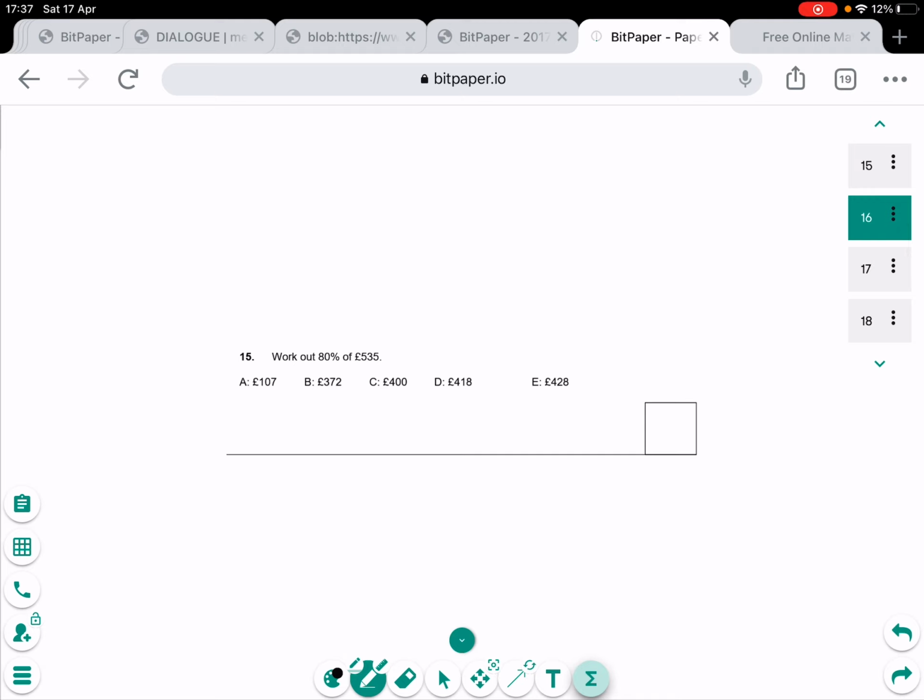Work out 80% of 535, so you do 535 times 0.8. So 535 times 8: 5 times 8 equals 40, 3 times 8 equals 24, plus 4 is 28, 5 times 8 equals 40.